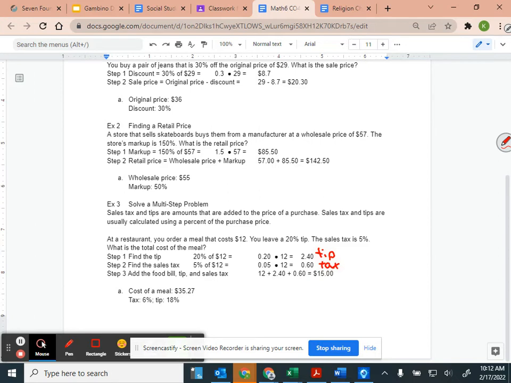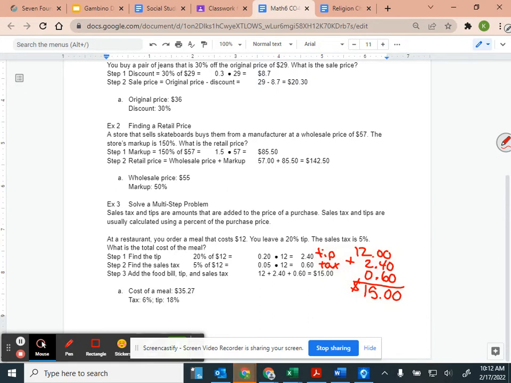If we're finding the total, what operation are we doing? Addition. Total means you add. So we need to add our $12 plus our tip of $2.40 plus our sales tax of 60 cents, and we end up with $15 as our total price for that meal.